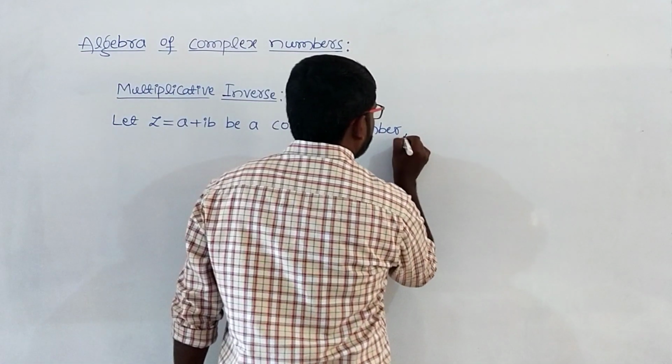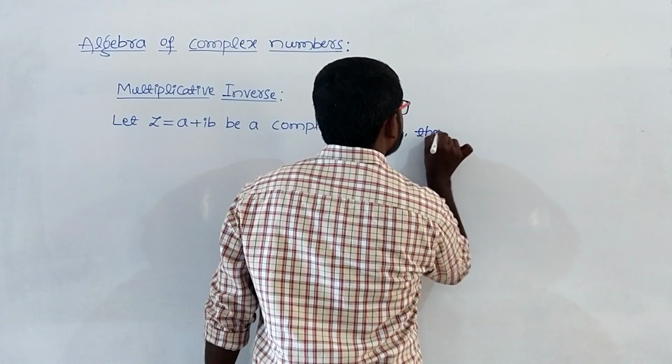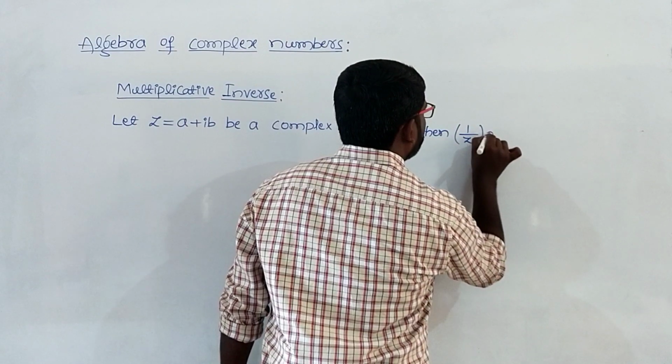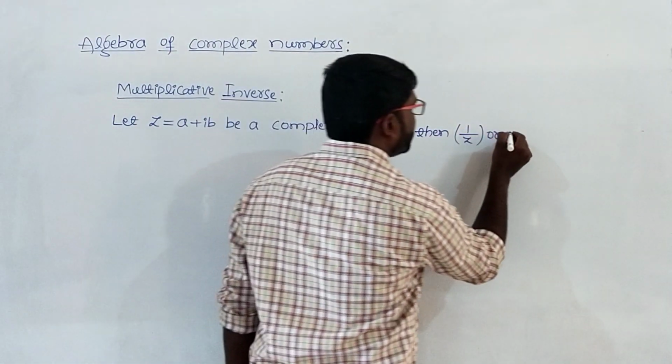See here. Then 1 by Z, or if you take it as numerator, it is Z to the power -1.